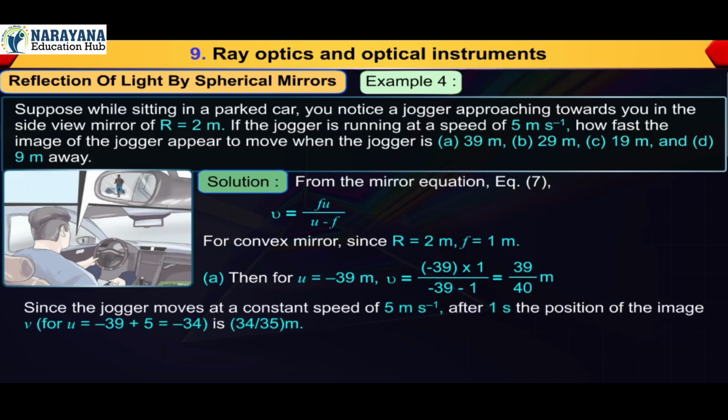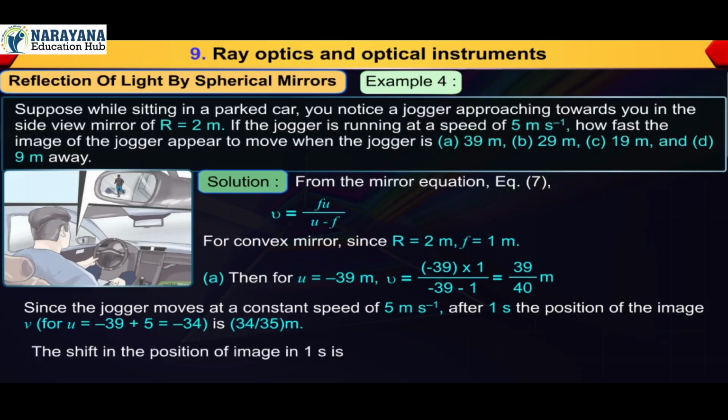Since the jogger moves at a constant speed of 5 meter per second, after 1 second, the position of the image v for u = -39 + 5 = -34 is 34/35 meter.